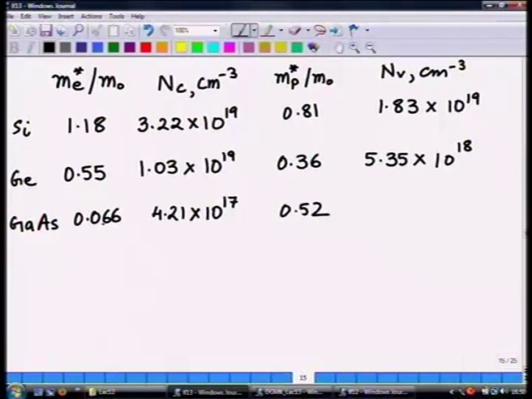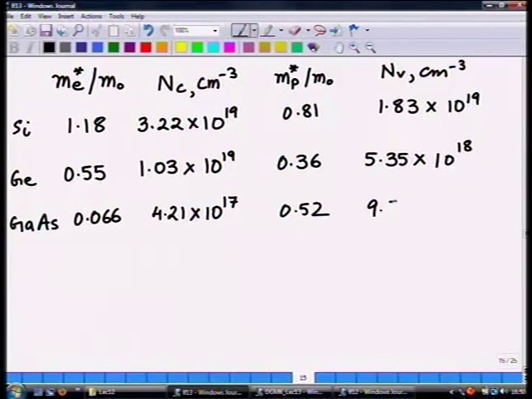But the electron is really light, and that has a consequence in electronic devices, because the electron current can be very large, because the mass is very small. So, mobility can be very large.